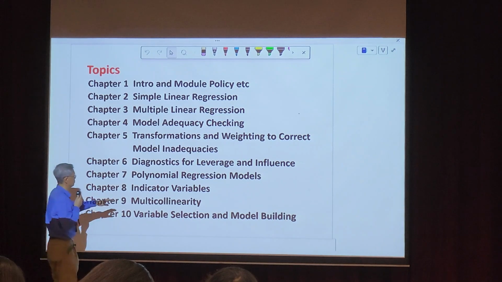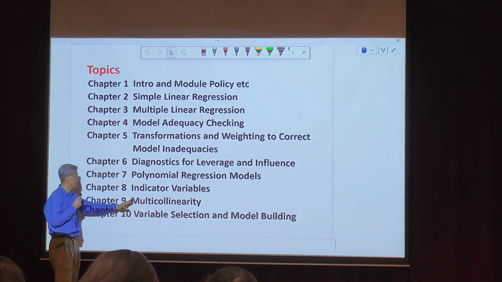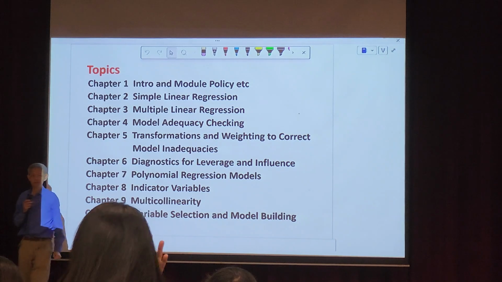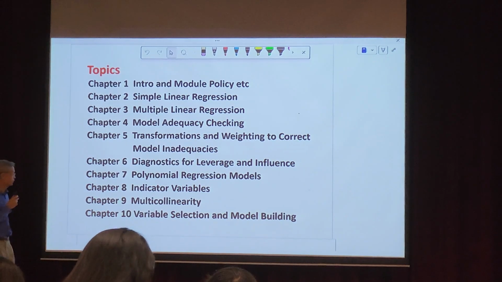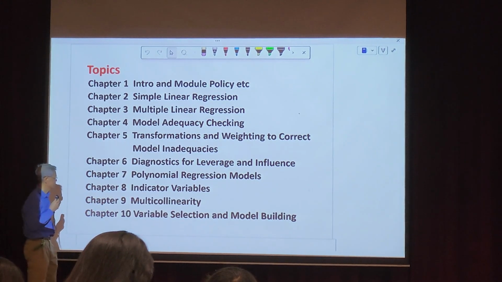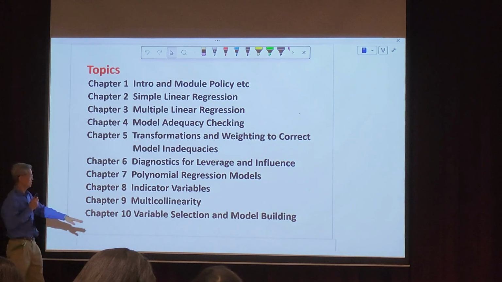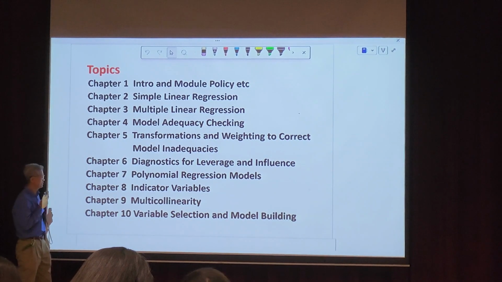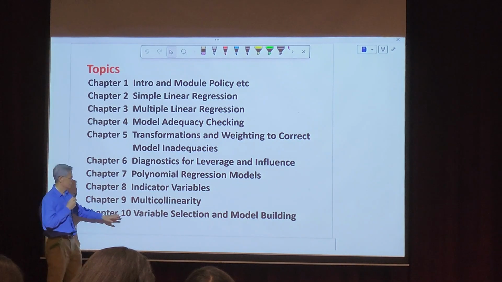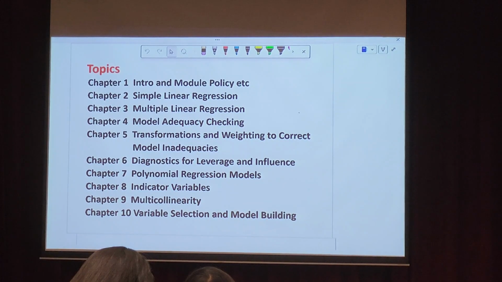Those points cause problems, yeah? And then multicollinearity is the worst problem for regression. So we dealt with it pretty thoroughly, from some simple method like deleting a regressor to the most complex, principal component regression. So finally, we are now at chapter 10.